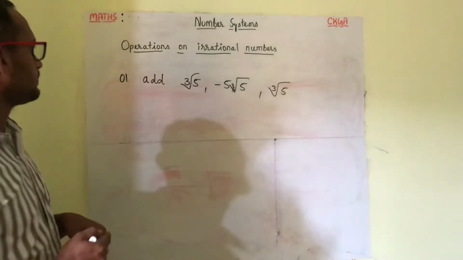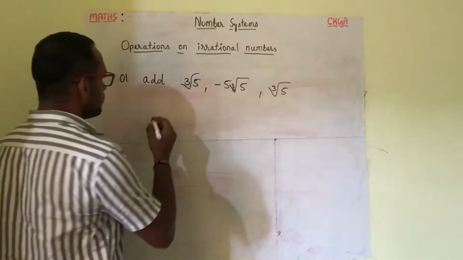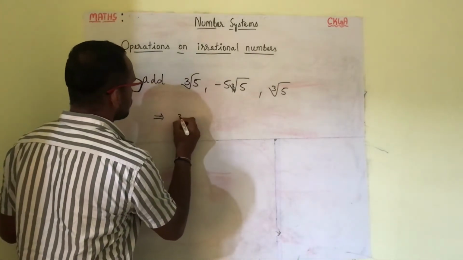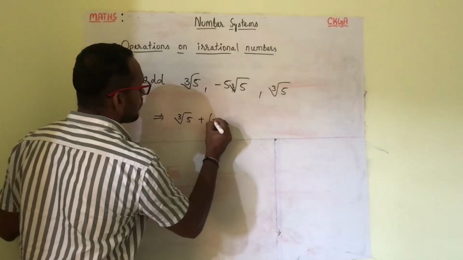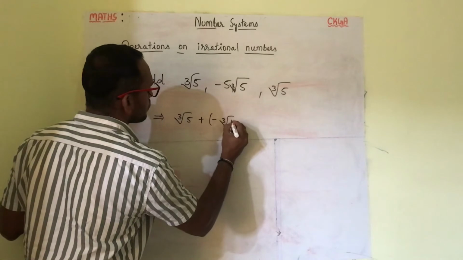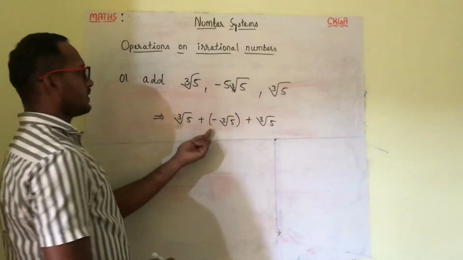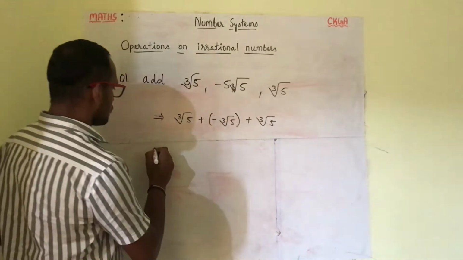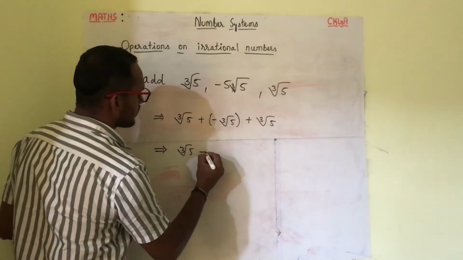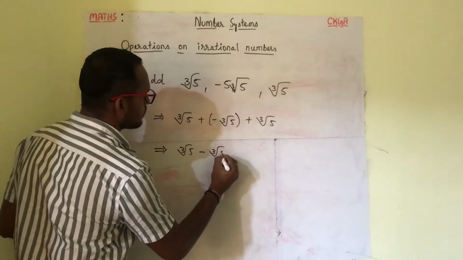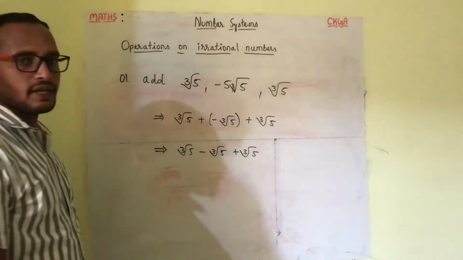I need to add them up. Since add is a procedure, I want to compute the sum. I'll write it like this: cube root of 5 plus minus 5 cube root of 5 plus cube root of 5. Just remove the brackets. So it's time to add them up.